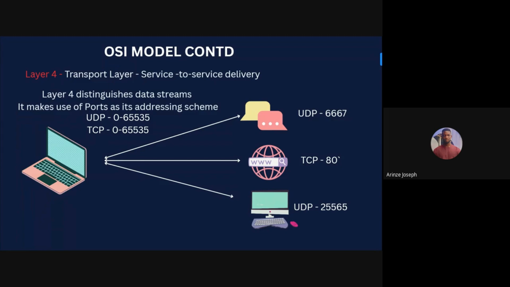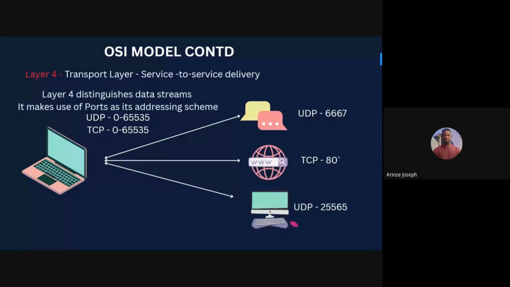And these two ports types go up to 65,535 in number. UDP ports go up to 65,535, and TCP ports go up to 65,535. These are two different sets of ports, and they assign their own numbers specifically to each service handling each connection.